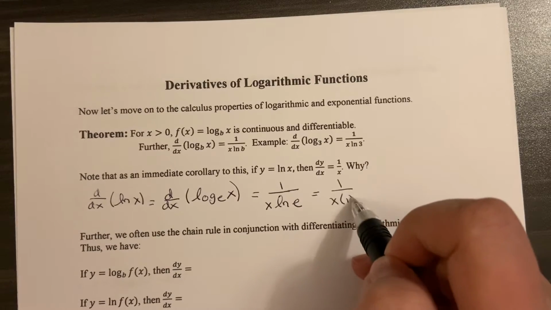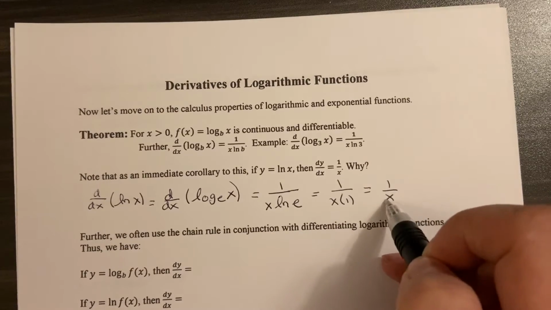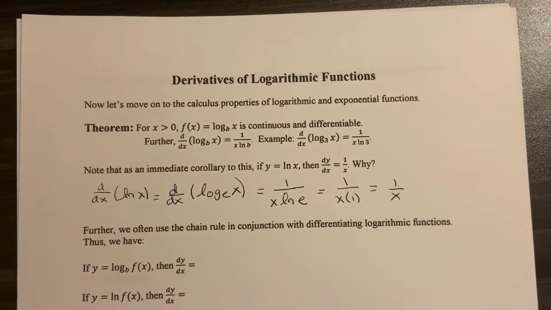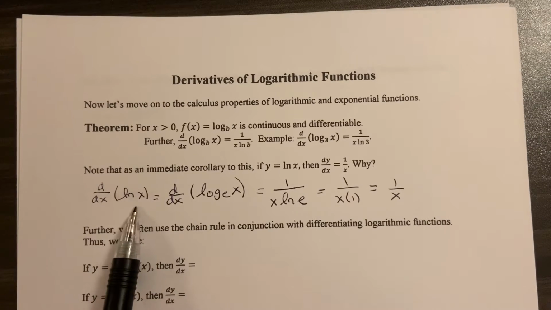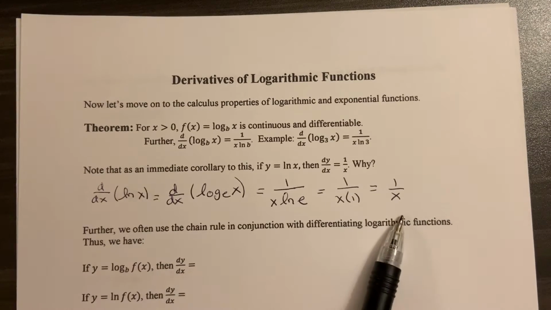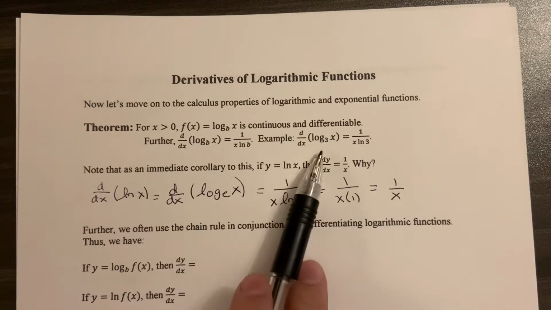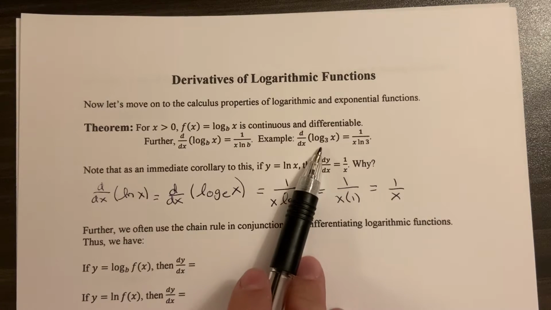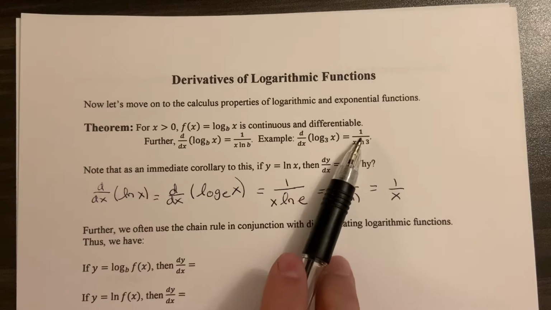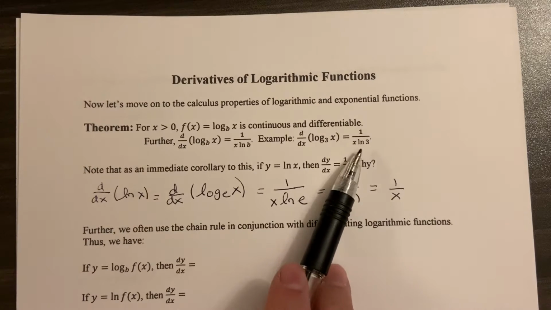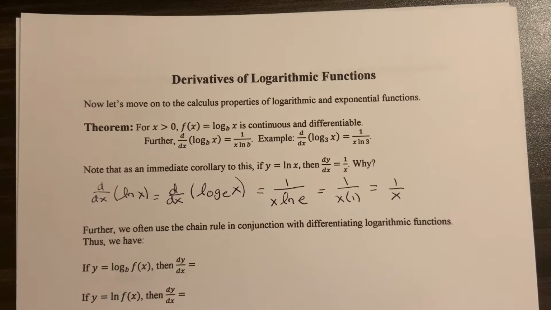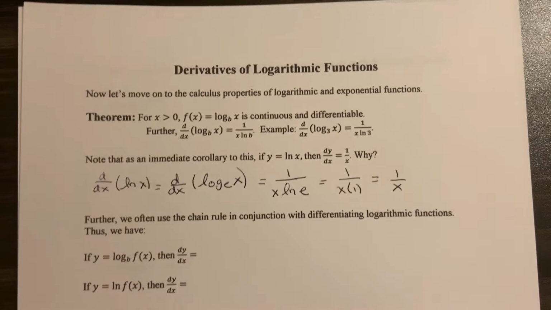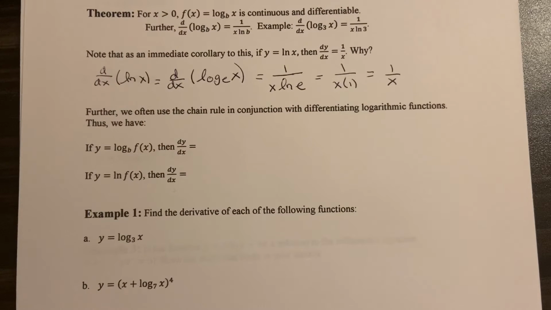So you get x times 1, or 1 over x. And that's why when you take the derivative of ln of x, it ends up just being 1 over x. When you do log of a base that has a number, you still are going to have that 1 over x happen, but then you have to times the bottom by that ln of whatever the base is. Okay?